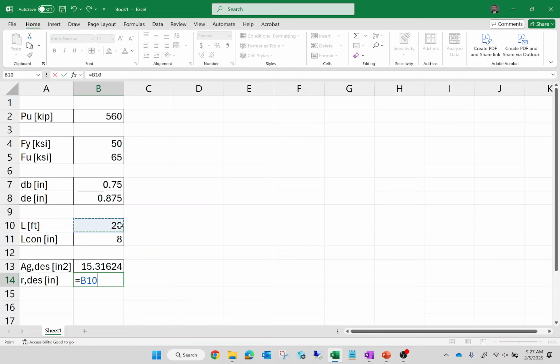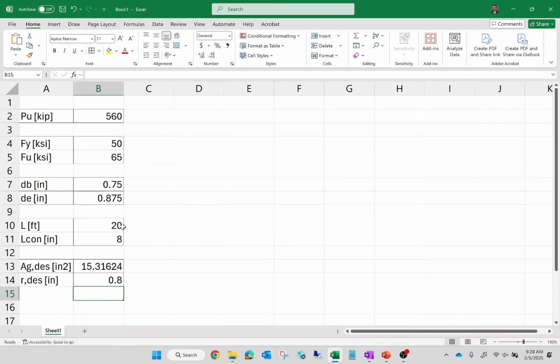And then this times 12 divided by 300. Don't forget the times 12. Okay. Is everybody okay with this? Okay. Sound good?